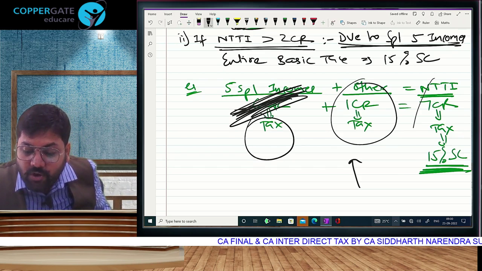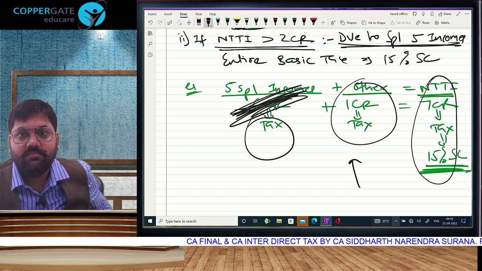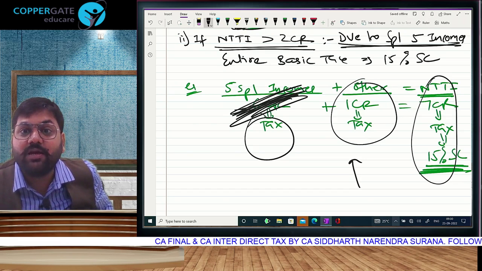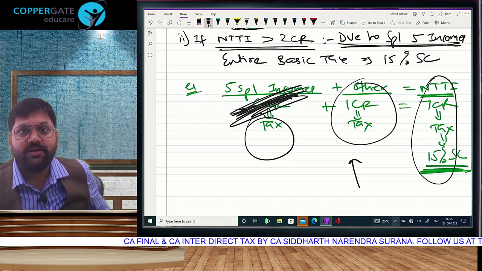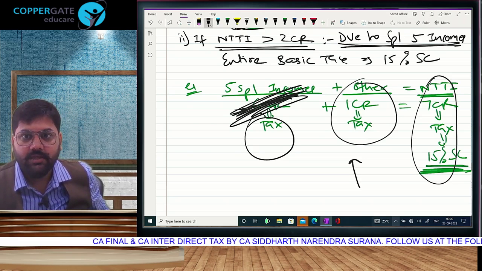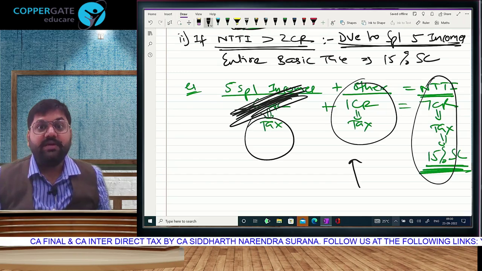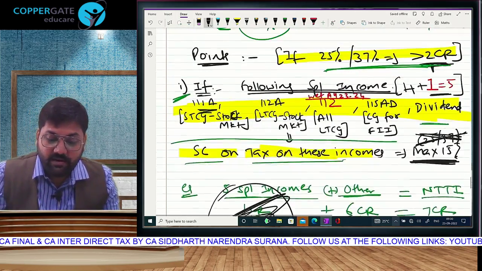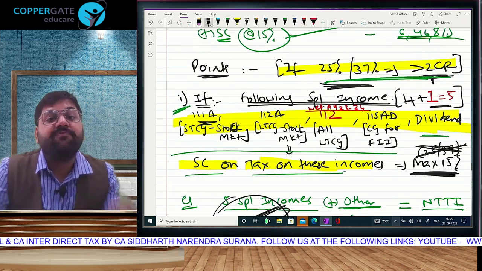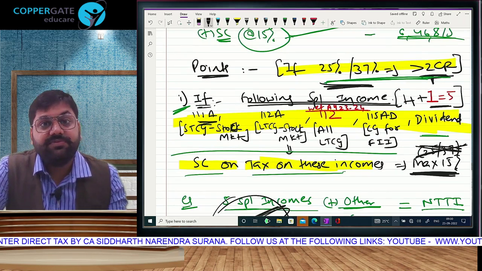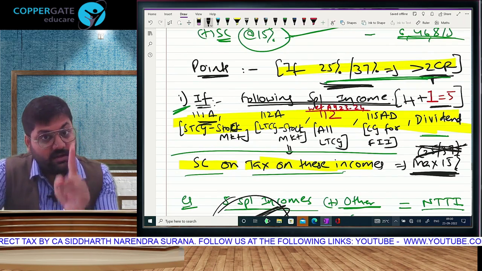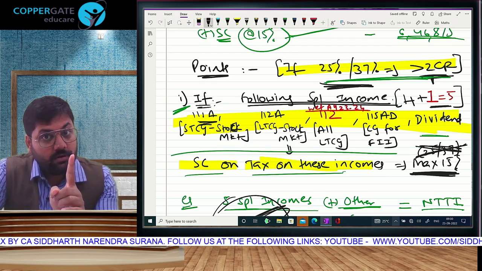Surcharge depends on your total income. If the total has crossed 1 crore rupees, then 15 will come. We are deciding whether 25 and 37 will come or will not come. That is why our analysis. When I started, I told you, be careful.